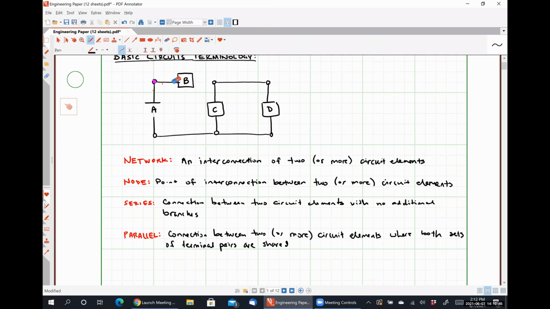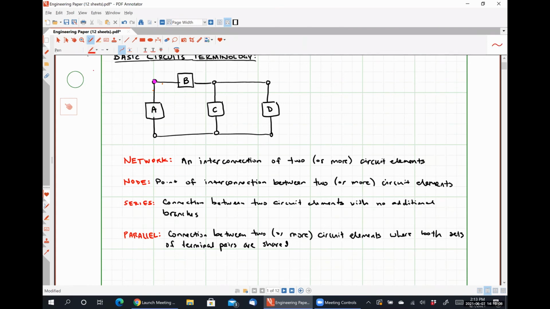Maybe drawing it bigger. Let me redraw the things I accidentally erased. The way that I've drawn these circuit elements has introduced closed paths in our system, okay? And so that leads me to another definition.